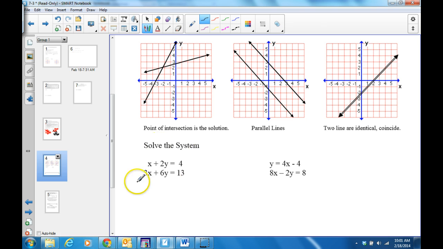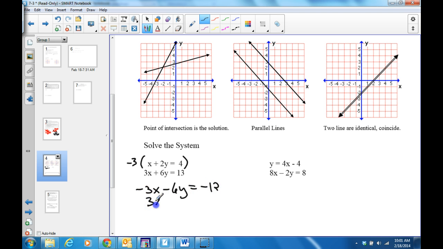Okay? So let's solve for this one. What can I multiply by to cancel out either one of these? Good, yeah. Multiply the top one by -3. So that'll be -3x minus 6y equals -12. Okay?